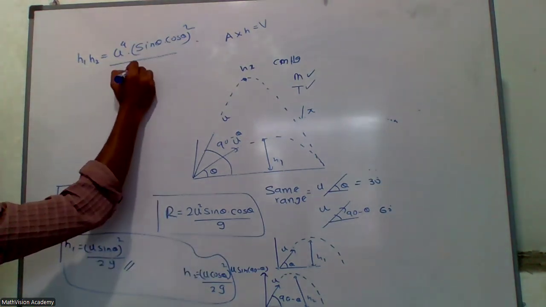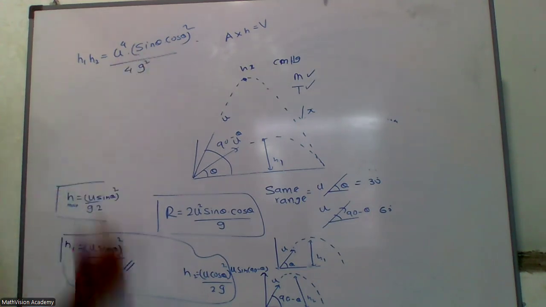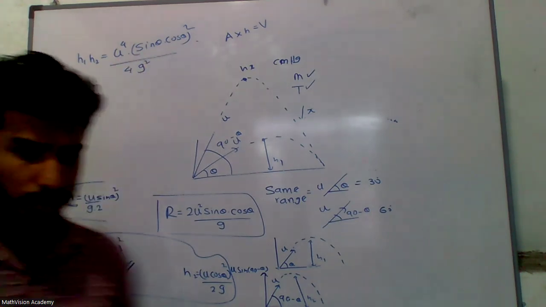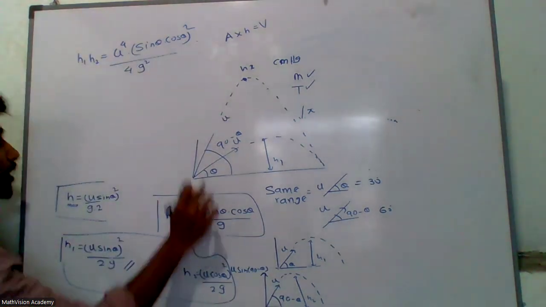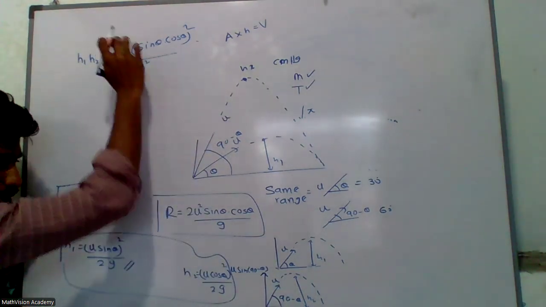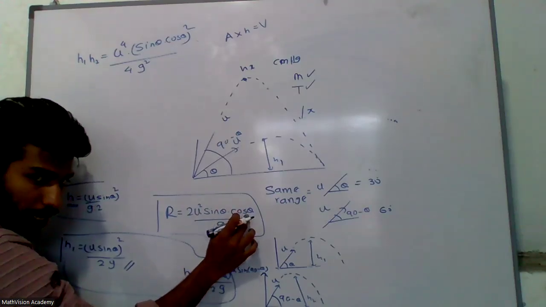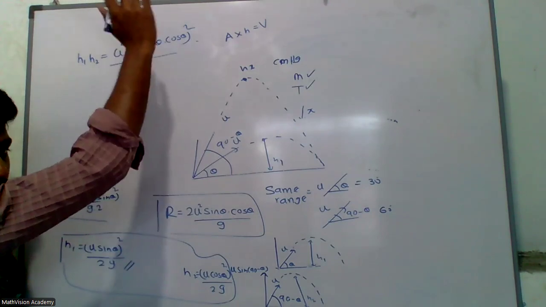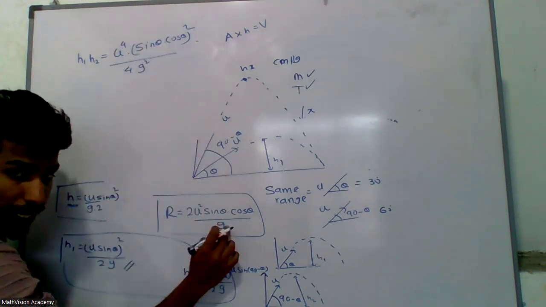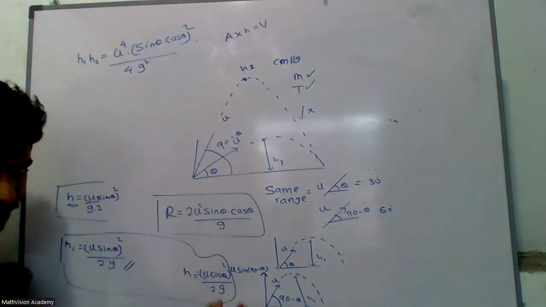So it is 4g squared. So if you observe nicely here, u squared becomes u to the power 4, sin theta dot cos theta becomes sin theta dot cos theta whole thing squared, g has become g squared.